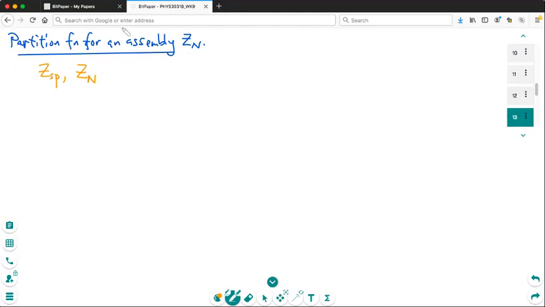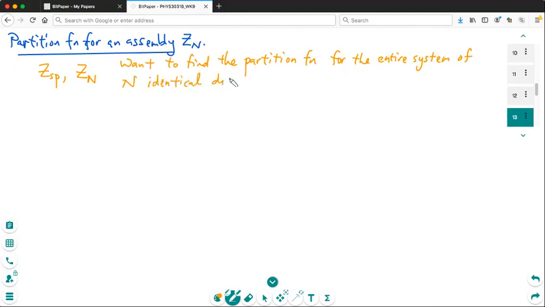So what do we want? We want to look at this differently. We want to find the partition function for the entire system. What do I mean by system? This is a system of N identical distinguishable particles.